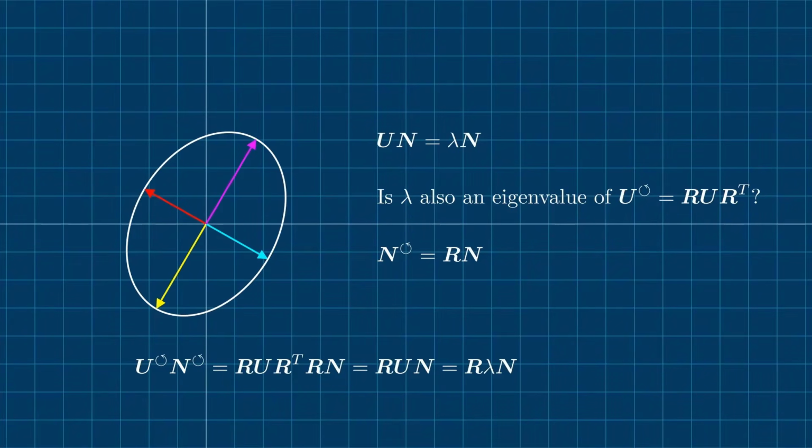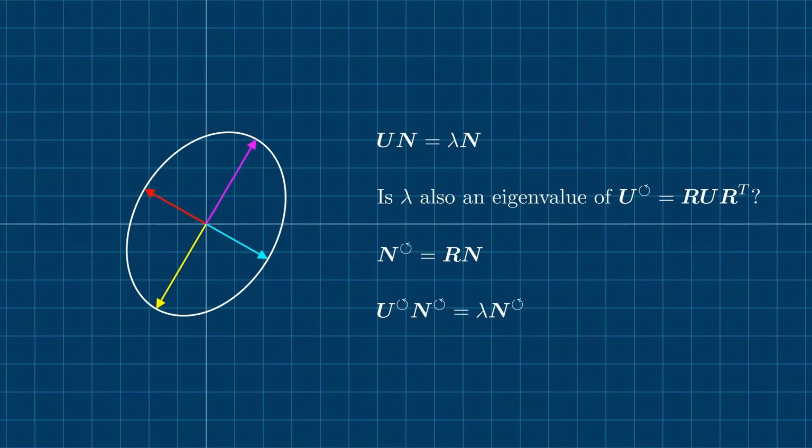We can shift the scalar value lambda to arrive at lambda R n, which is lambda n circular arrow. So we have shown that U circular arrow times n circular arrow is lambda times n circular arrow, which means that lambda is an eigenvalue of U circular arrow no matter how we choose the rotation matrix R. So we have proven that the two eigenvalues of U must be invariants of U.